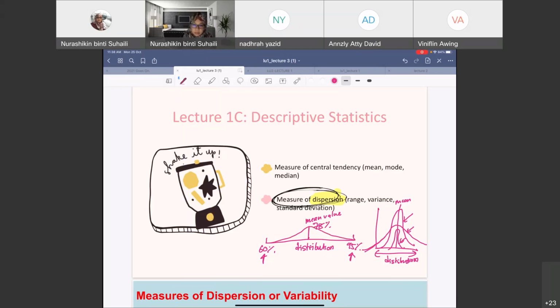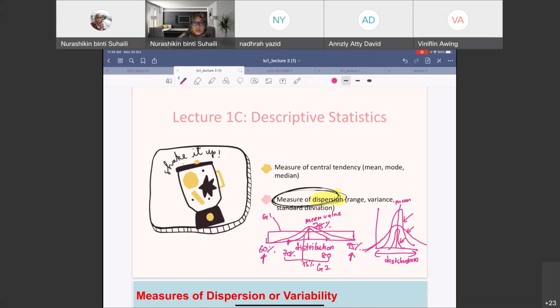Okay, so what happens if, in another group, I have a range from 70% to maybe 80%? It will be different, something like that. And here, the mean will not be 78, the mean will be 75. So you can see that the range is getting narrower for the second group, right? This one is group 2, and this one is group 1.